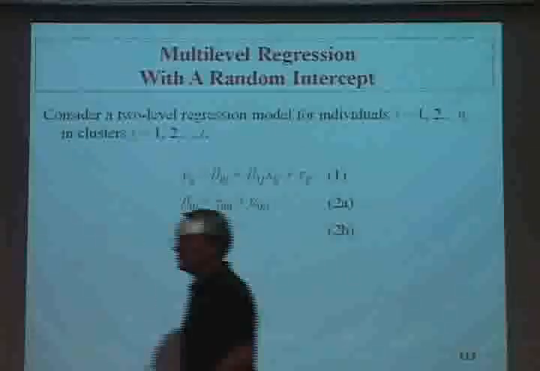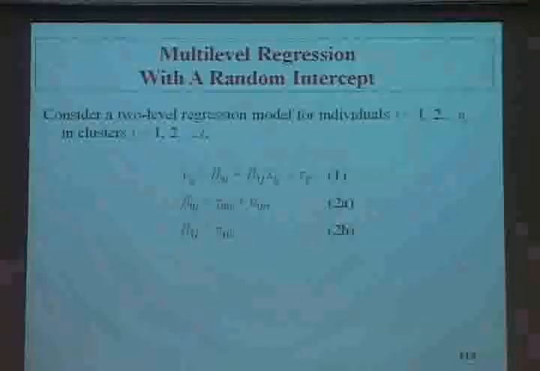So we start with something relatively simple: the 2-level regression situation. So for instance, you have students within schools, and we're going to take a look at only a random intercept case here. So we have the usual notation. I think this is Raudenbush and Bryk style notation that they use in their 2002 book that I recommend if you don't have it already.